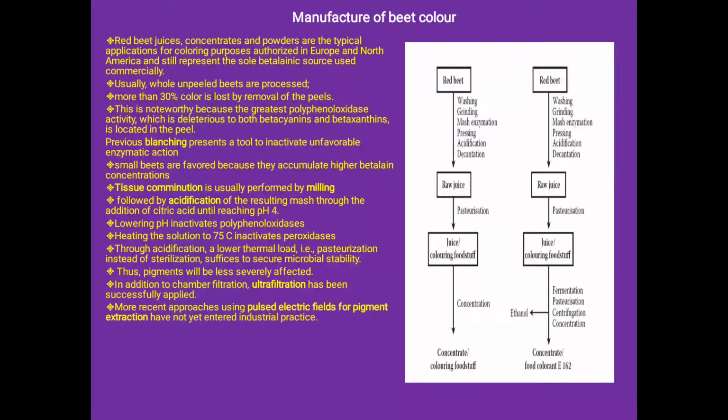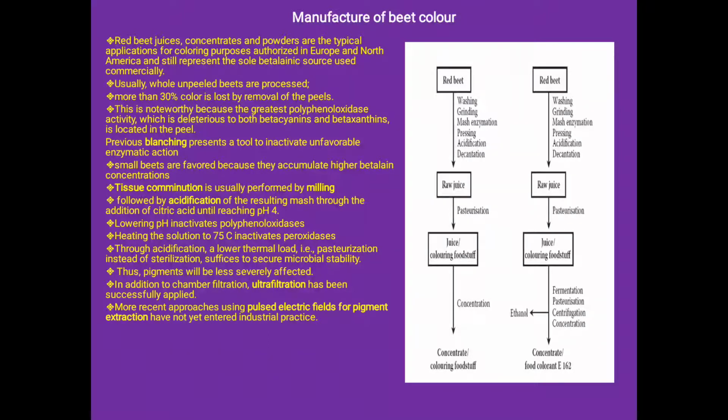This is noteworthy because the greatest polyphenol oxidase activity, which is deleterious to both betacyanins and betaxanthins, is located in the film. Previously, blanching was a tool to inactivate unfavorable enzymatic actions. Small beets are favored because they accumulate a higher betalain concentration.